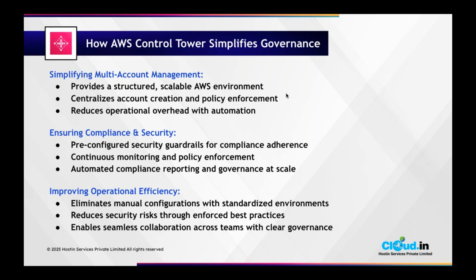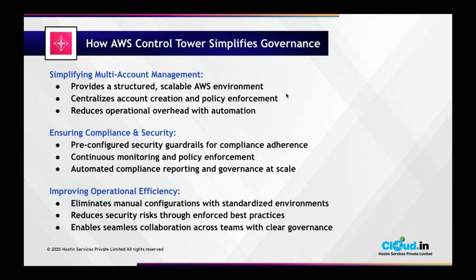AWS Control Tower integrates with Security Hub, AWS Config, and CloudTrail to monitor security and compliance continuously. If any policy violation occurs, the system automatically detects it and alerts the administrators. This means your security team doesn't have to manually check for misconfigurations. AWS Control Tower does it for you.